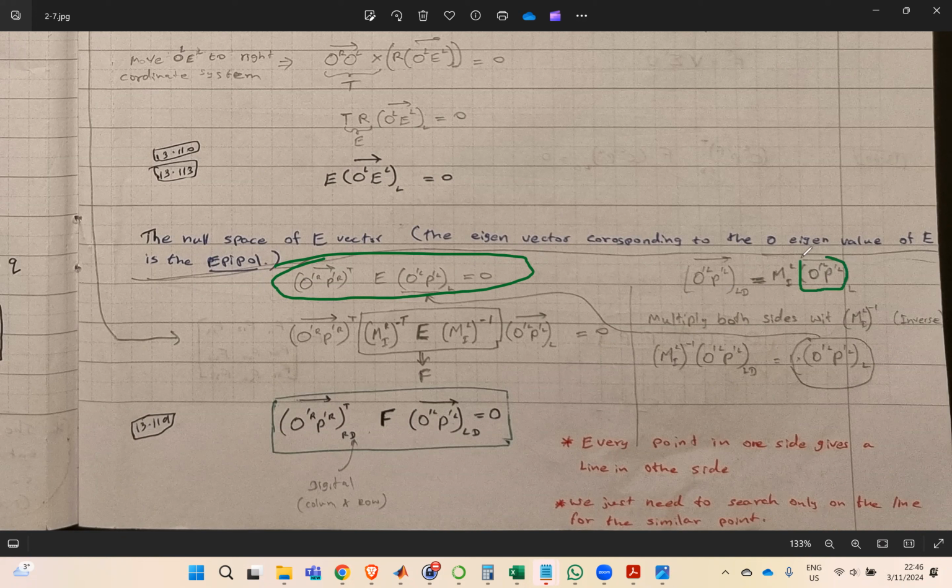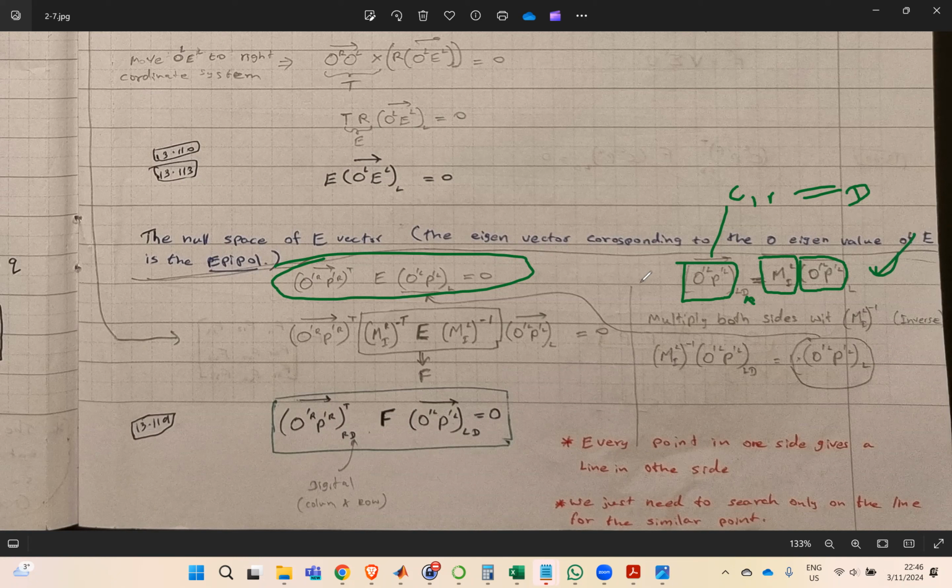O prime P prime, this is the camera image. If you multiply with the MI matrix, you get the camera image in digital, that is, columns and rows coordinates. That's what the D for digital means. That is confirmed, right? There's no doubt.